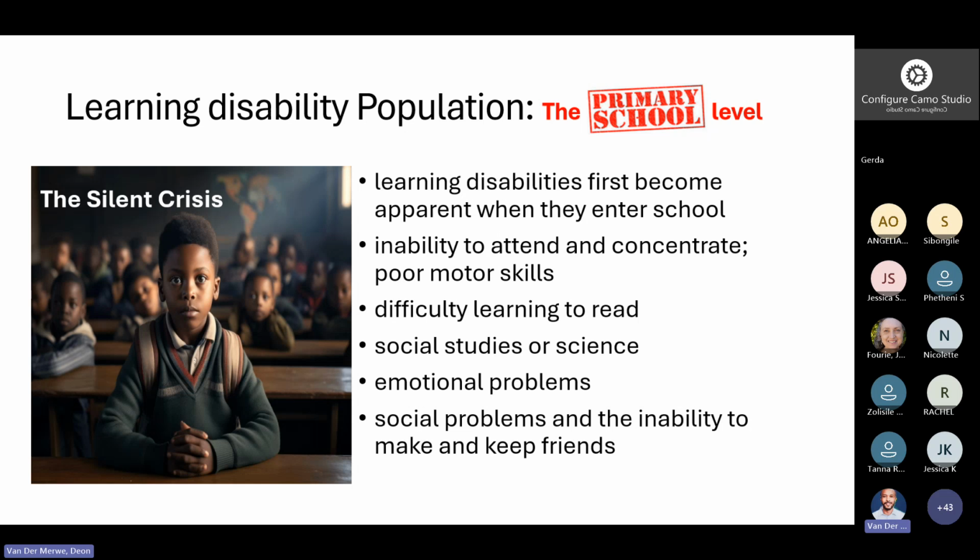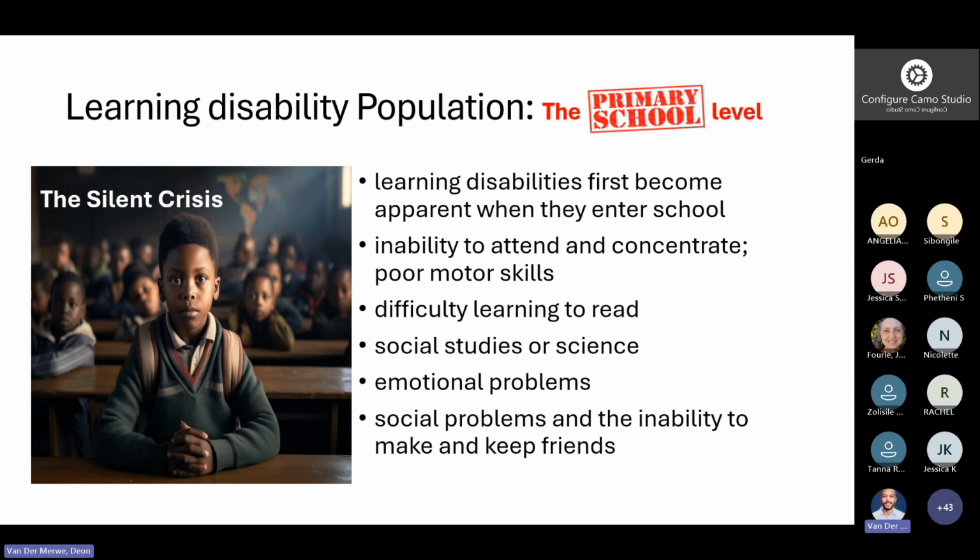And then there were the academic learning disabilities, and these referred to difficulties that show up in specific academic areas like reading and maths and writing.